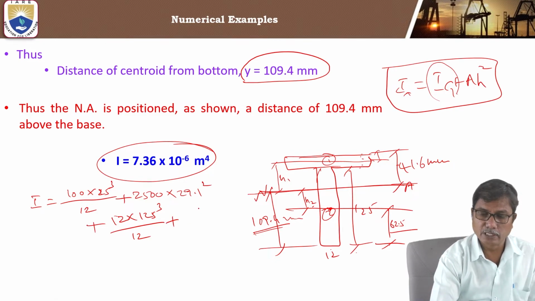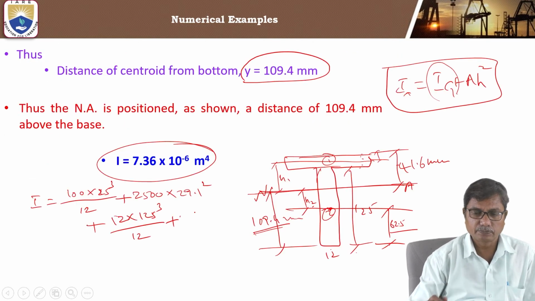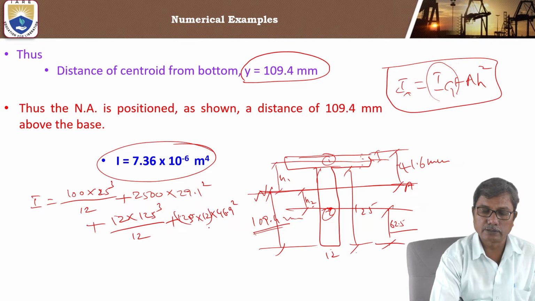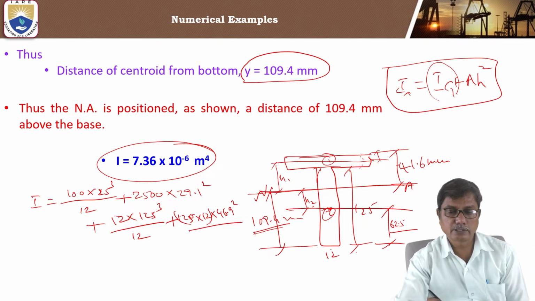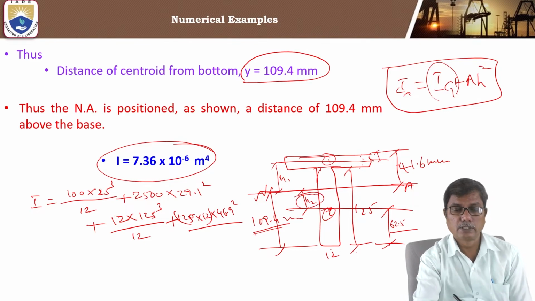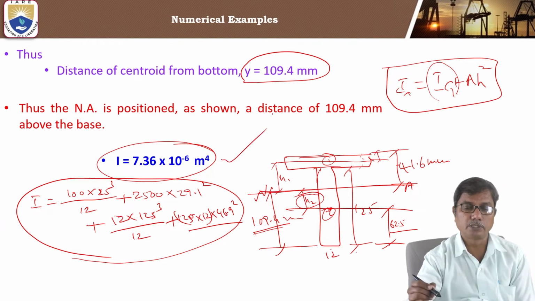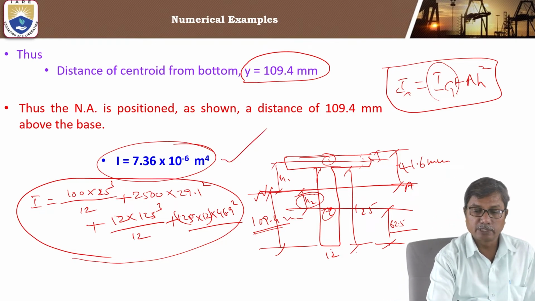Plus AH square. A is 125 into 12, into 46.9. This is area into h. H is this distance. So this value comes out to be 7.36 into 10 power minus 6 meter power 4.